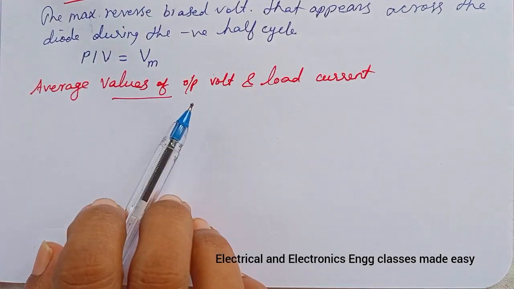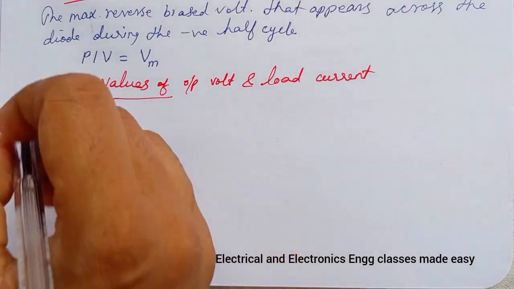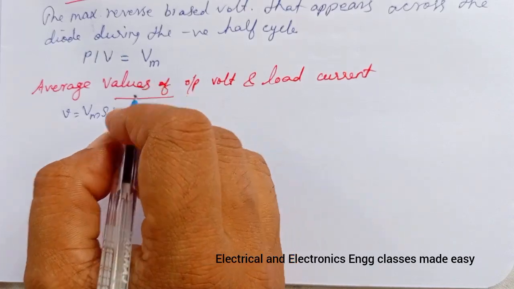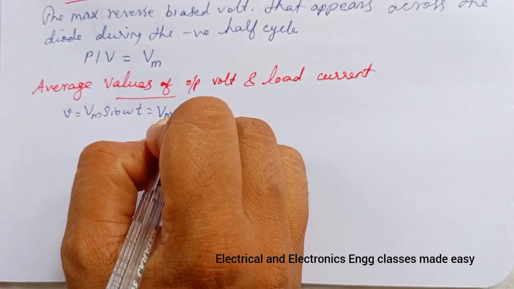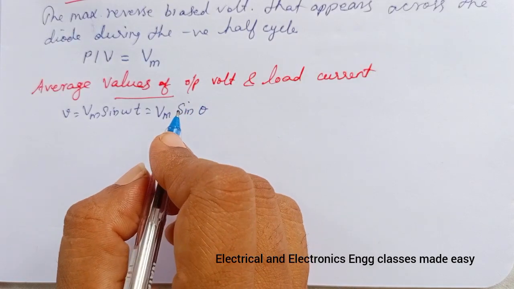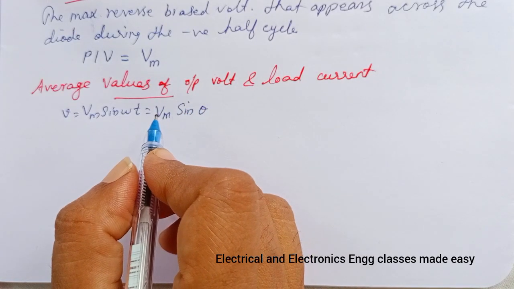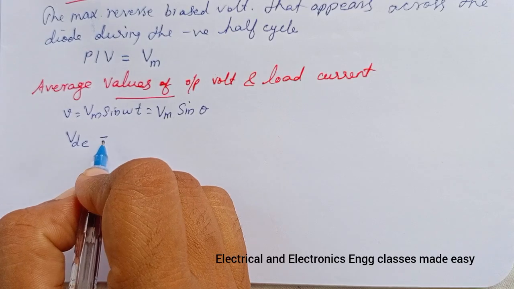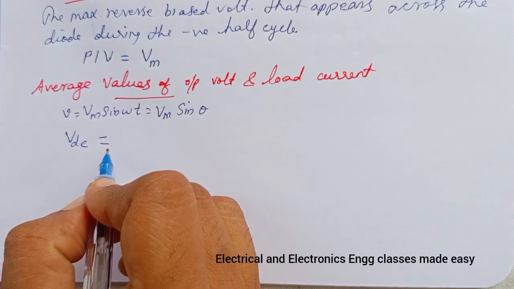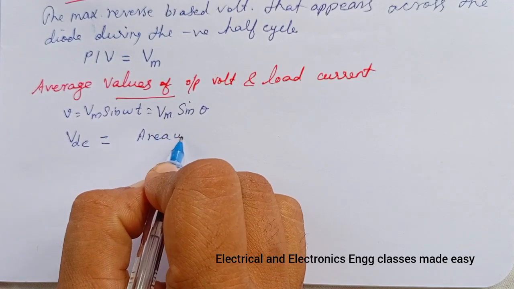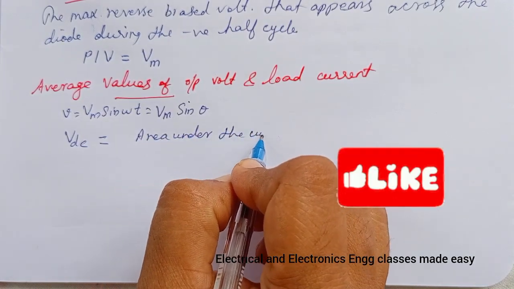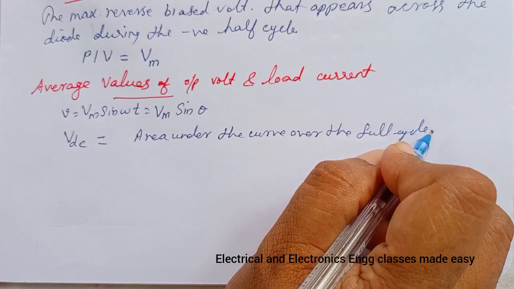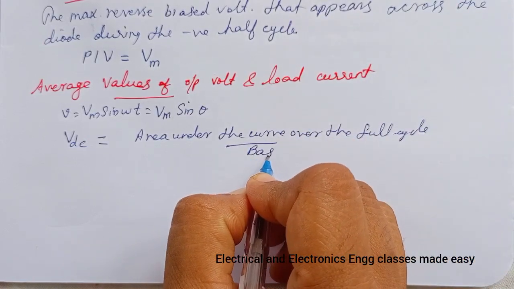Next is average values of output voltage and load current. Let V equal Vm sin omega t, or we can write Vm sin theta, be the instantaneous sinusoidal voltage appearing at the secondary coil of the transformer, and if Vdc is the average or DC value of the output voltage, then Vdc is equal to the area under the curve over the full cycle divided by the base.